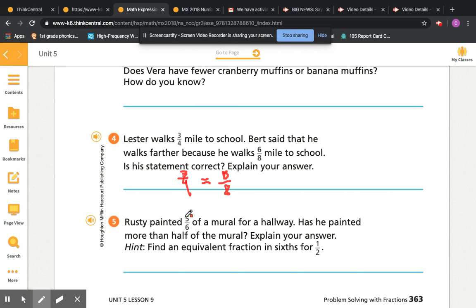Now remember that these two fractions here, 5/6 and 1/2, are two completely different fractions.